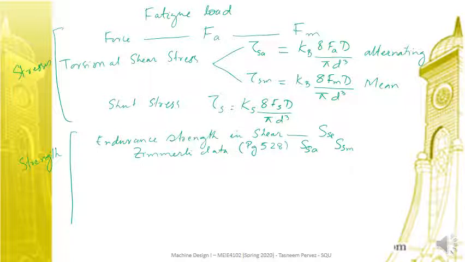These are given for two different types of cases: peened, and you know already about it, and unpeened. This will have the lower values and this will have the higher values. This is better, but it will cost more money. And unpeened is definitely the cheaper one.